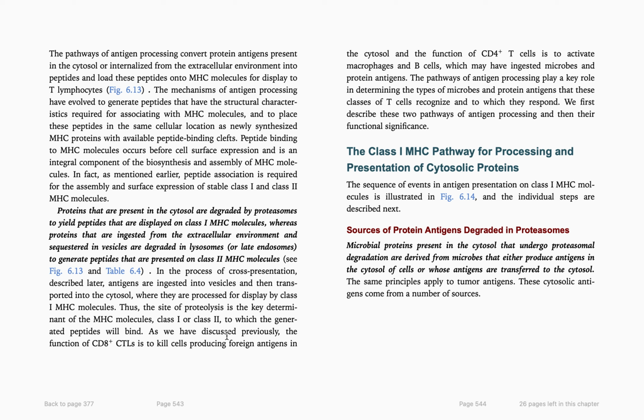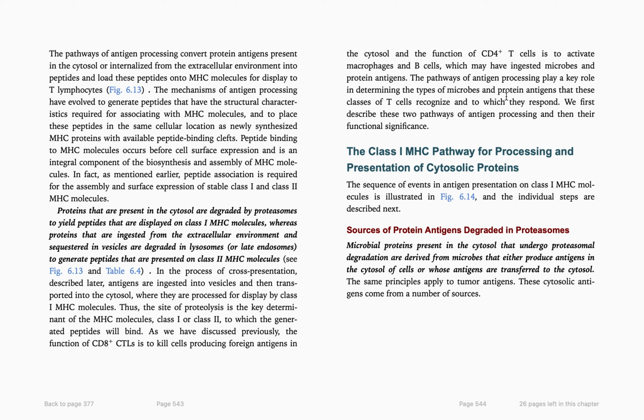As we have discussed previously, the function of the CD8 T cell, the cytotoxic T cell, is to kill cells producing foreign antigen in the cytosol, and the function of the CD4 T cell is to activate macrophages and B cells, which may have ingested microbes and protein antigens.